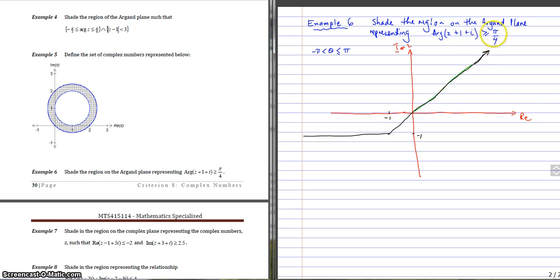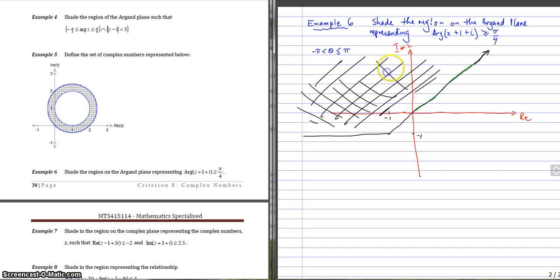And being greater than or equal to pi on 4 means where we shade is at angles greater than that angle there. So we're looking at shading these. Okay, so all this area in here is shaded.